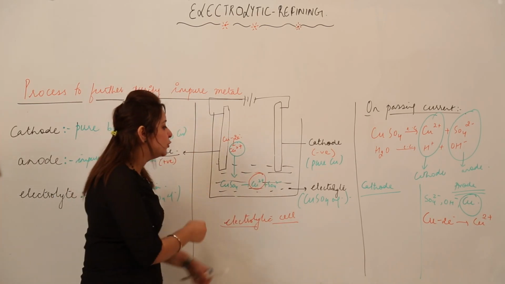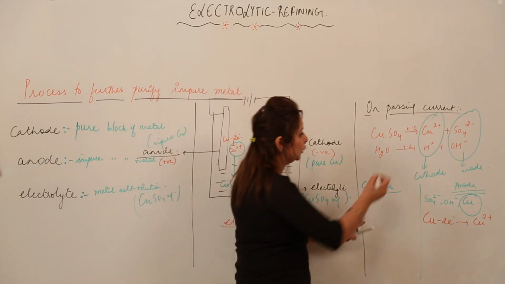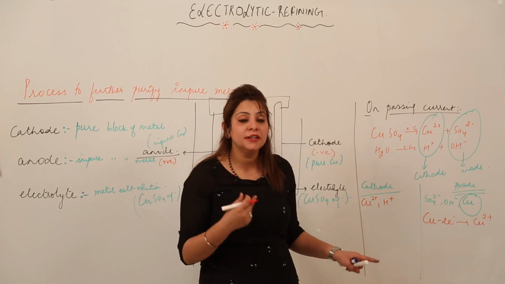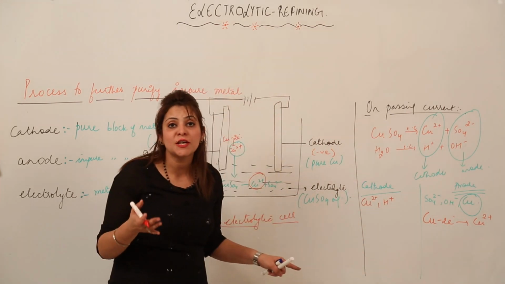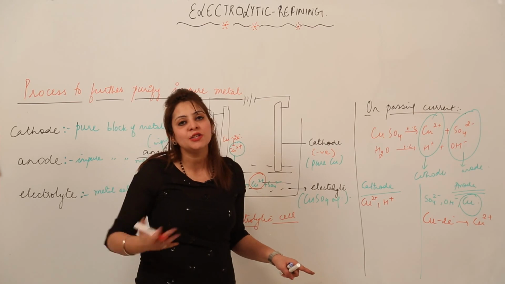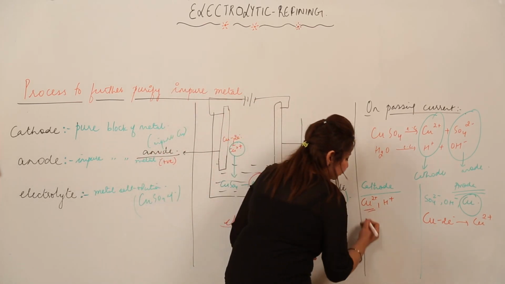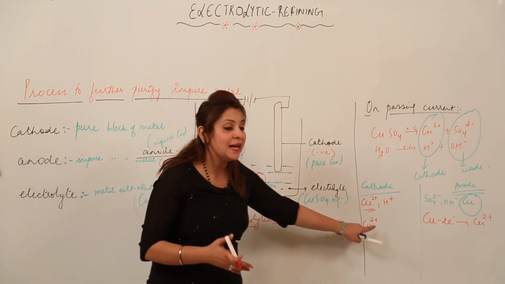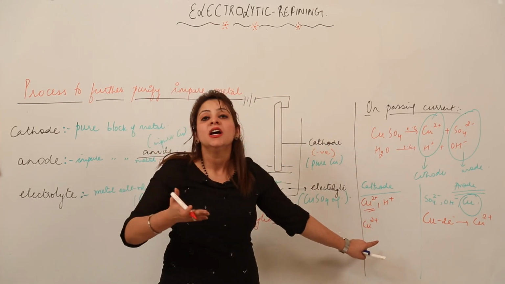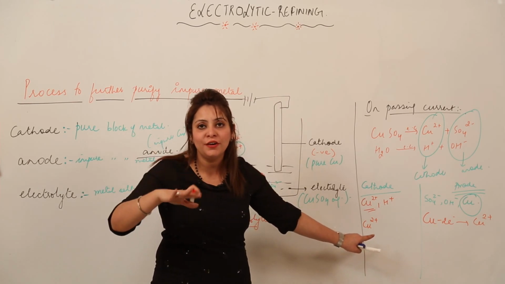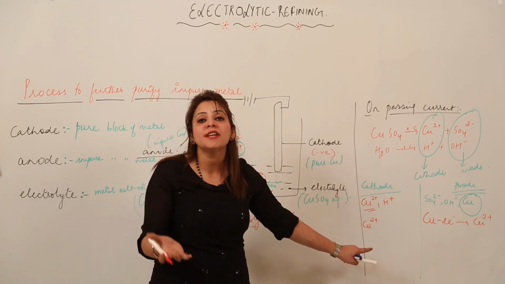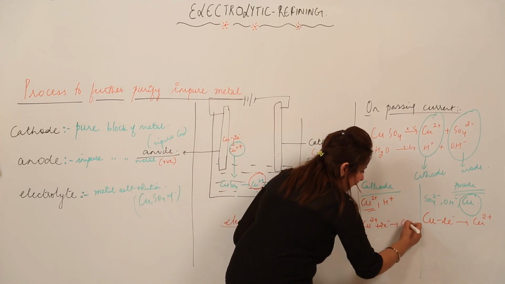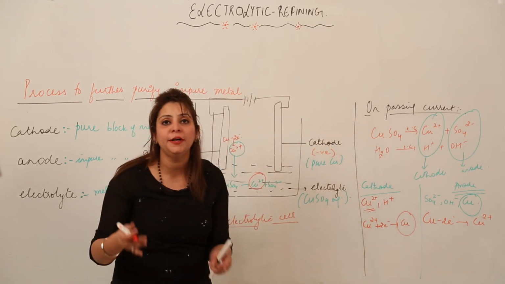At the cathode, Cu2+ and hydrogen ions go, and out of them the Cu2+ ion has the lower discharge potential, so it discharges and shows a chemical change. It has 2 positive charges, meaning it has lost 2 electrons, so it acquires its 2 electrons back and turns into pure copper metal.